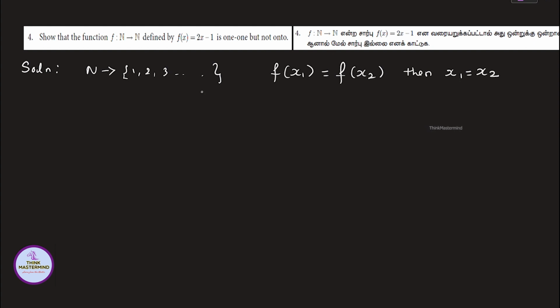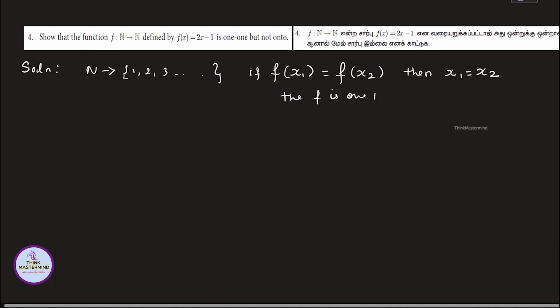Then we can say that f is 1 to 1. If f of x1 is equal to f of x2, then x1 is equal to x2. Therefore, the function f is 1 to 1.